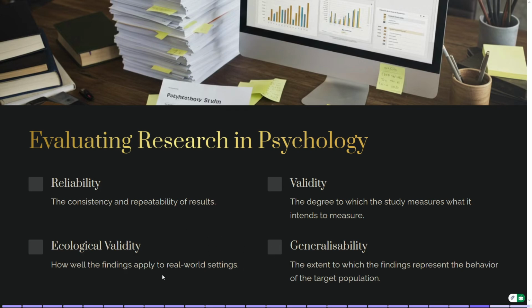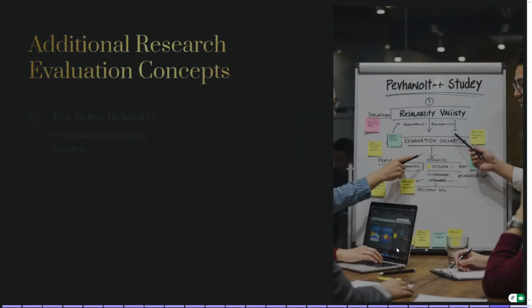Can the study be applied to a real environment, or is it just in an artificial environment alone? Generalizability is to what extent this study can represent the behavior of the entire people out there. That means if you use a large human sample, then it increases the generalizability, right?